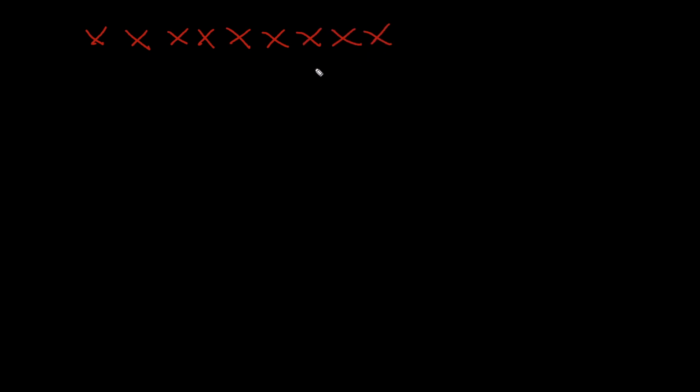Let's say we have this number, and this is I, so the string is ending at I. So the first state will be I, meaning the current string ends at I. And then what's the second one?